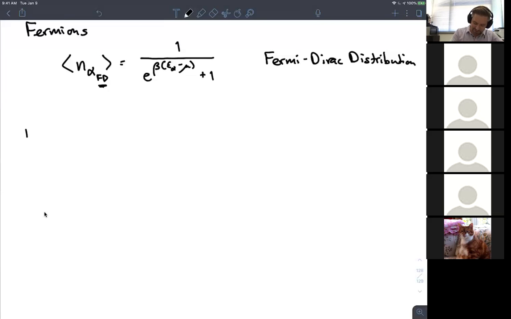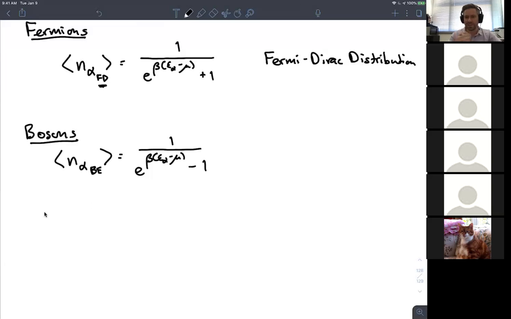All right, for bosons, our answer is the average of n sub alpha, and the subscript on here is BE. Our answer for bosons is 1 over e to the beta (epsilon alpha minus mu) minus 1.